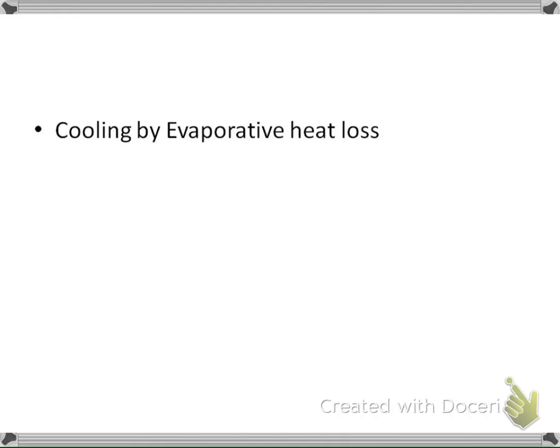Cooling by evaporative heat loss. Evaporation is the only way to lose heat. Or it's not the only way. Anyway, evaporation is the only way to keep body temperatures from rising. That's what I mean. All right.